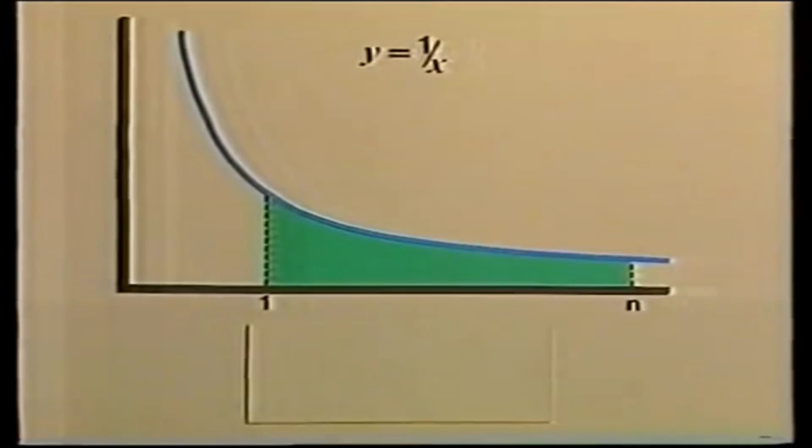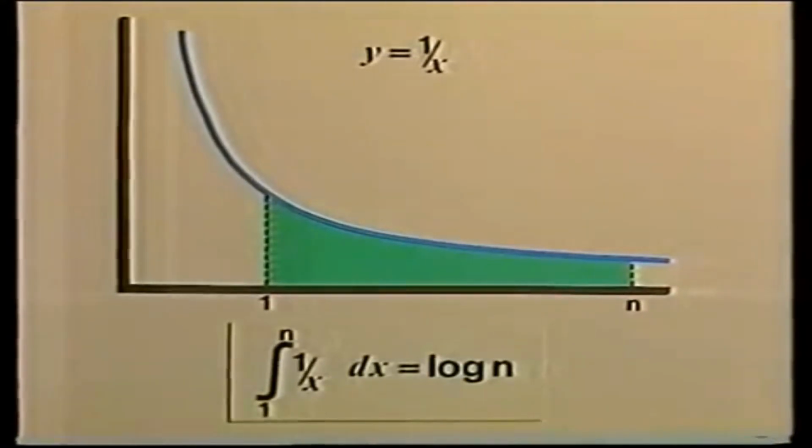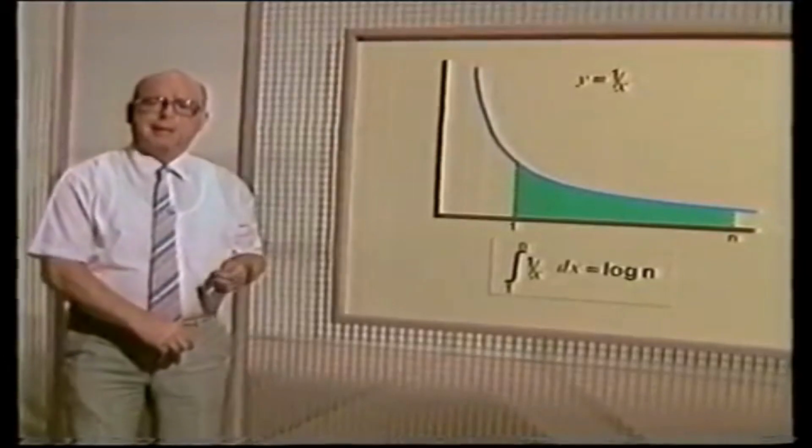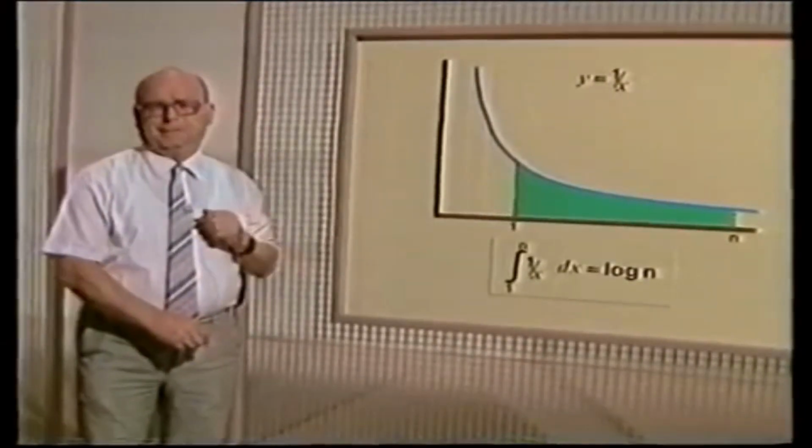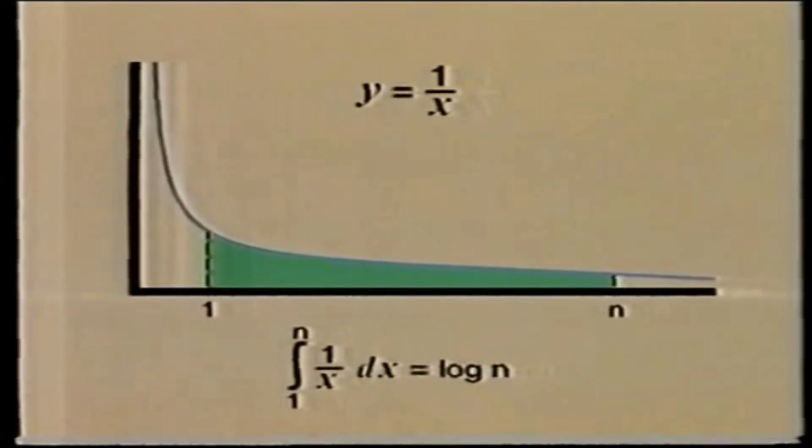And this area between x equals 1 and n is equal to the integral of 1 over x from 1 to n. And that's log n. Again, let's take the integer points as the partition points in the interval. Let's start as before by looking at the lower sum for this partition.